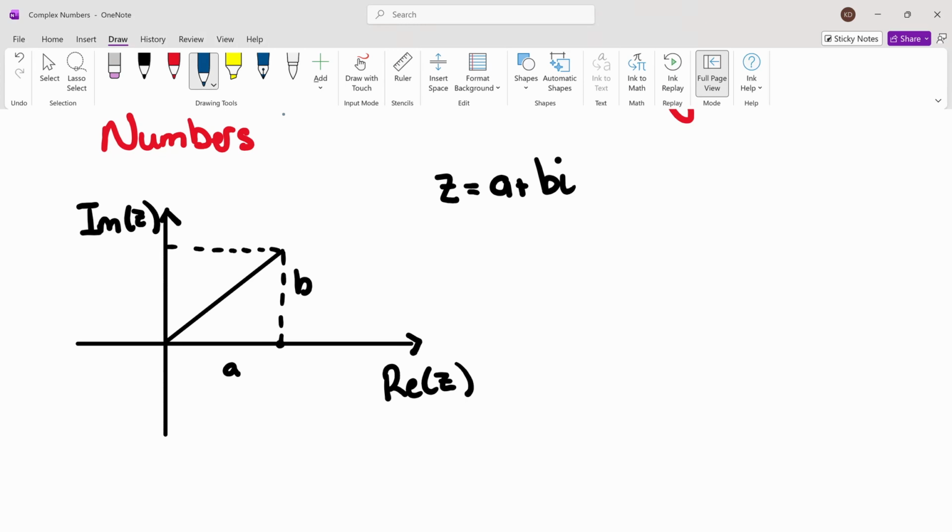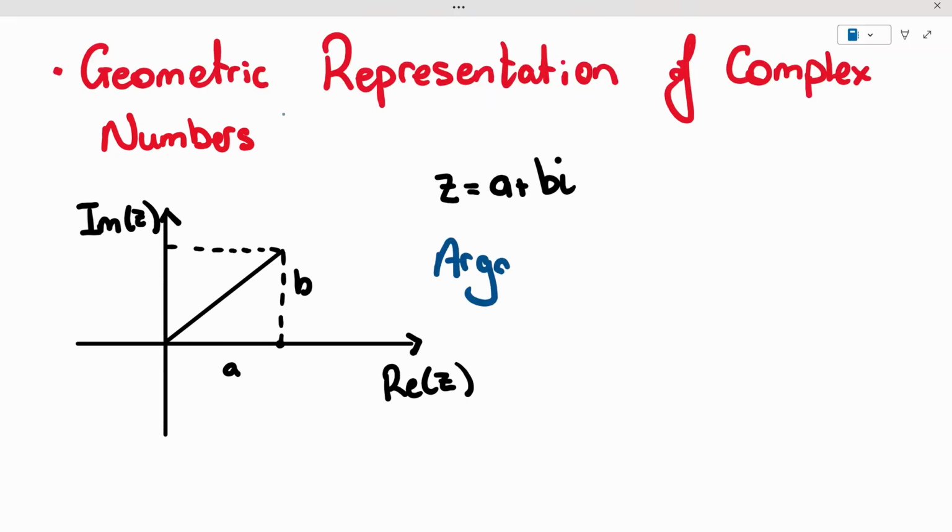This is called an Argand diagram. So if you see a question that says represent the complex number on an Argand diagram, all you need to do is put your real axis, imaginary axis. You move a units on the real axis and b units on the imaginary axis.